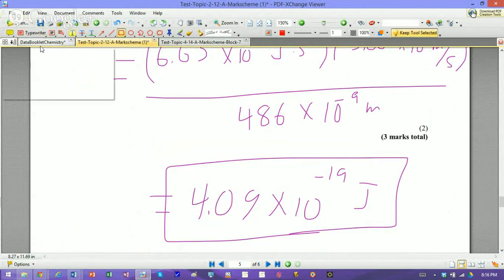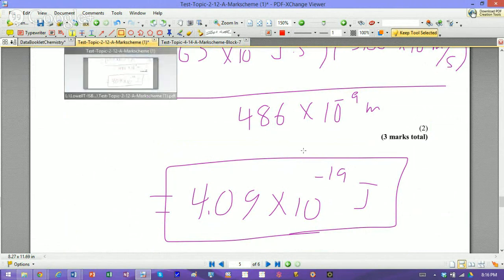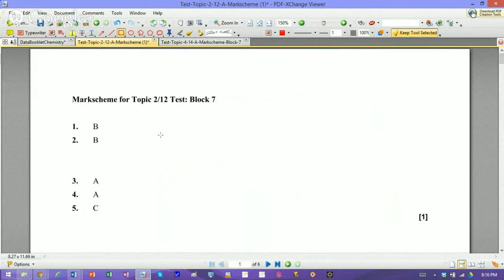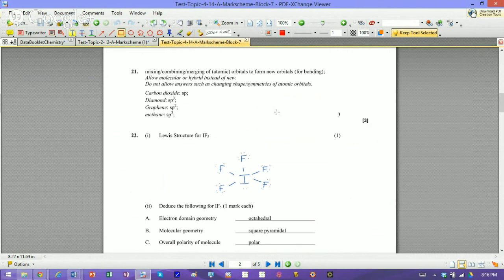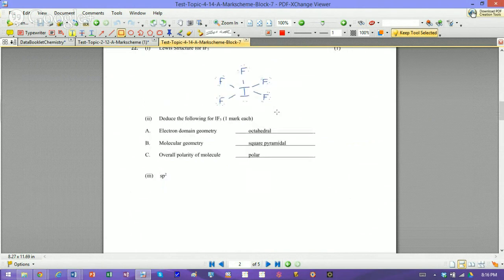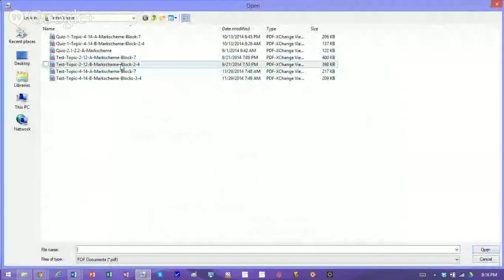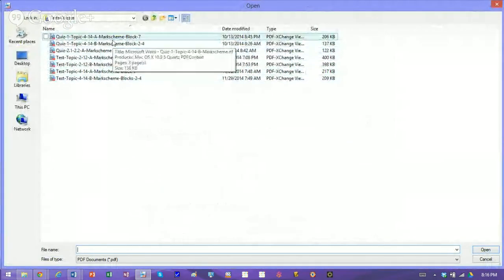What are the questions about? It has questions about hybridization and Lewis dot structures. Oh, yeah, that makes sense. Let me see if I can find it then. Quiz topic 4.